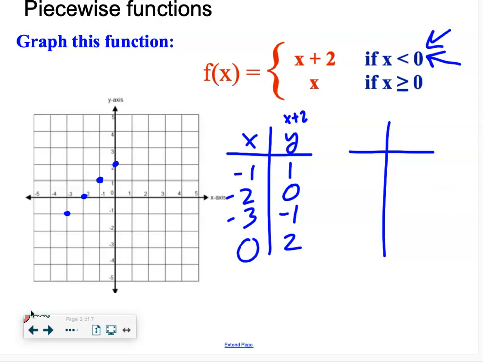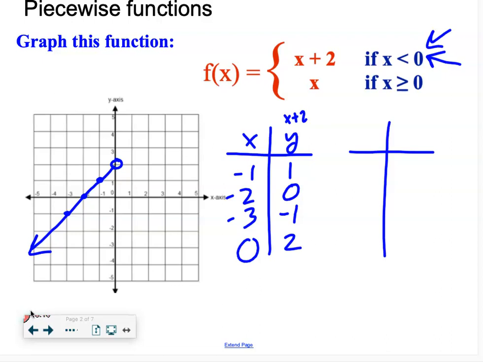First thing you say is, should it be closed or an open circle? And since it's not equal to, it needs to be an open circle. So I'm going to change that to an open circle. And then that's your starting point. You start on that number, and then you just follow your points. So you always start on that handoff number, and then you just follow the dots.